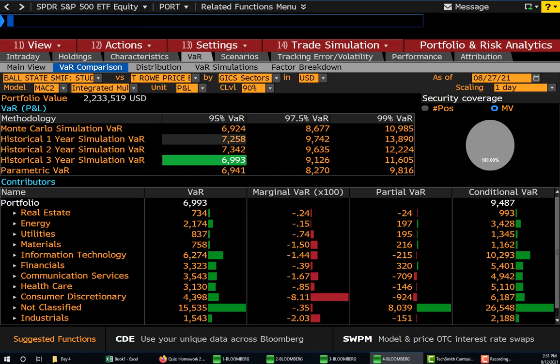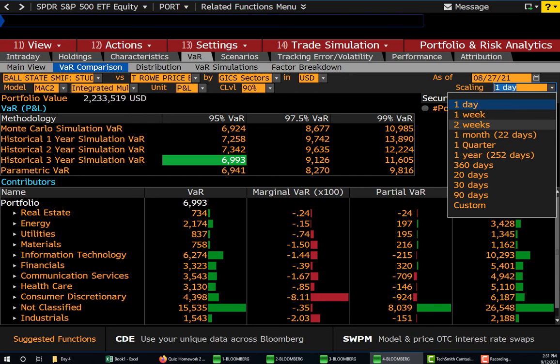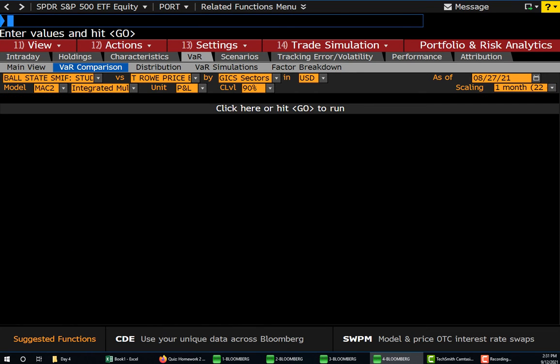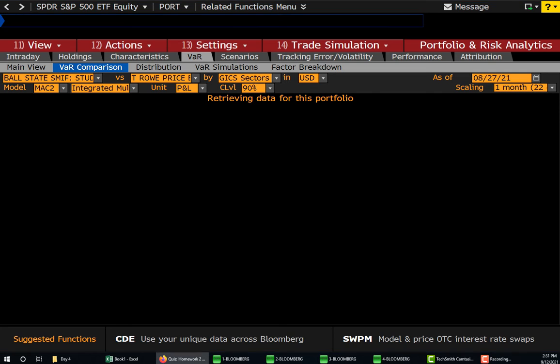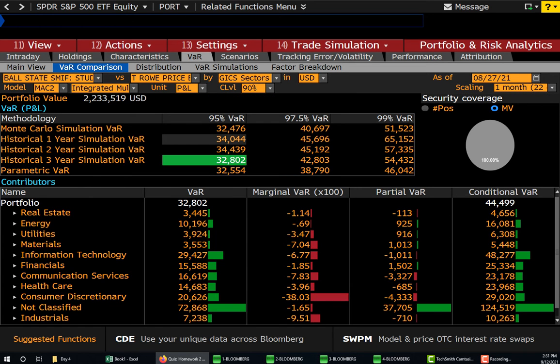Okay, here we go. So we're looking for the largest 1 month, so I need to change this as well. A month is defined as 22 days by most investors, because there's about 22 days when the market is open. And hopefully it should come up. Okay, here we go.